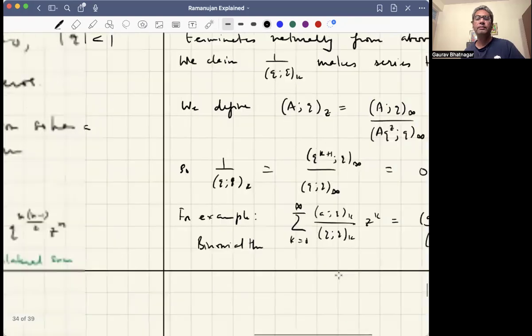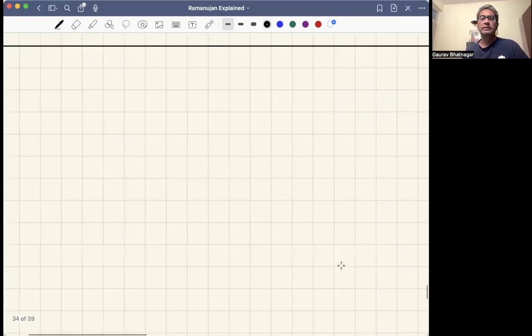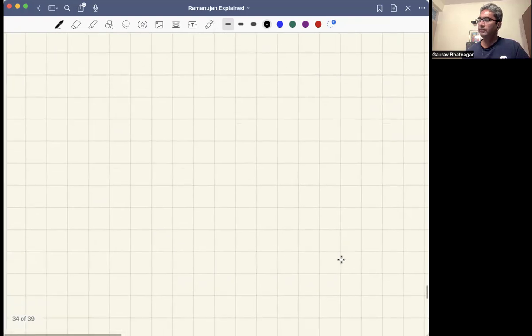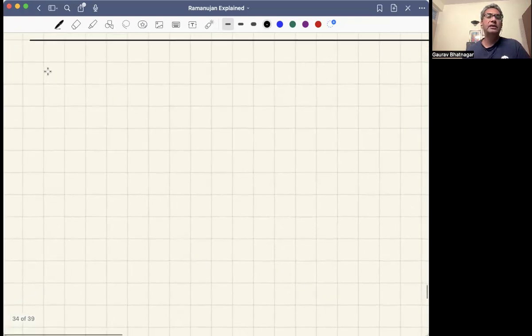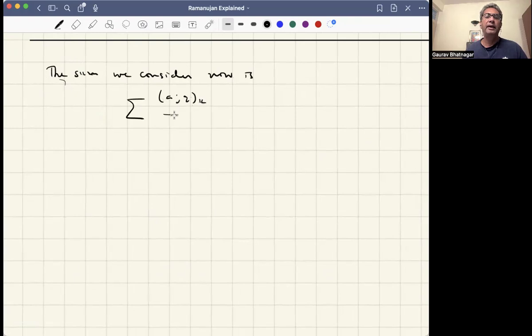So it's natural. The sum we consider now is you choose (a; q)_k, and then in the bottom you just have an arbitrary parameter (b; q)_k, z^k, and k going from minus infinity to infinity.